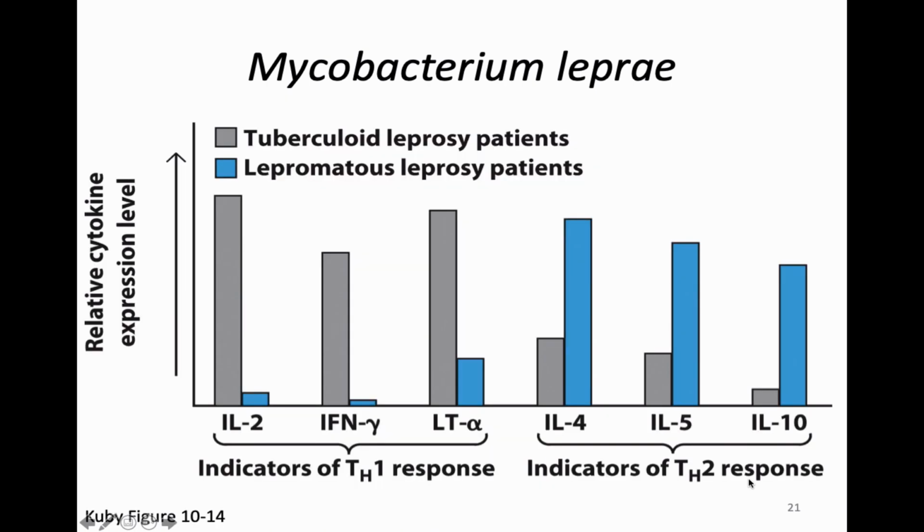When immune responses in the patients were examined, it was seen that in tuberculoid leprosy patients, cytokines that are made in a Th1 response were observed, whereas in the lepromatous leprosy patients, cytokines associated with a Th2 response were observed. And so, in fact, the difference between these two groups of patients was whether they made a Th1 response to the microbe or a Th2 response to the microbe. This could be due to other factors, other infections going on in the patient, patient genetics. It could be due to a lot of different things.